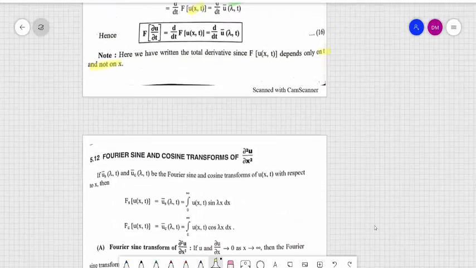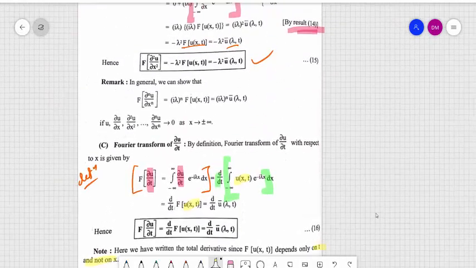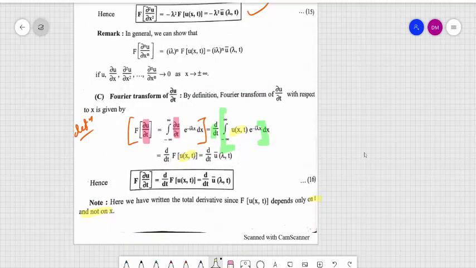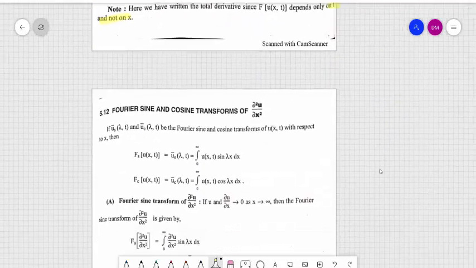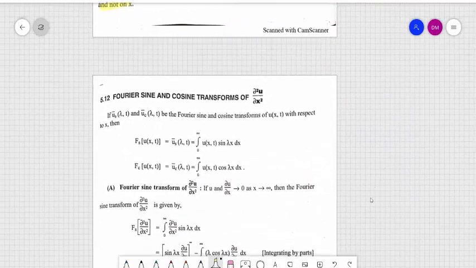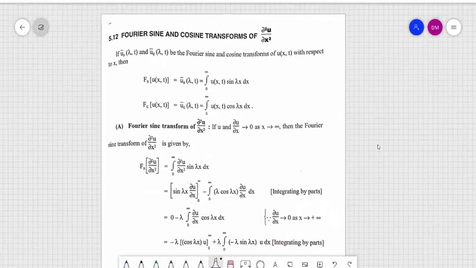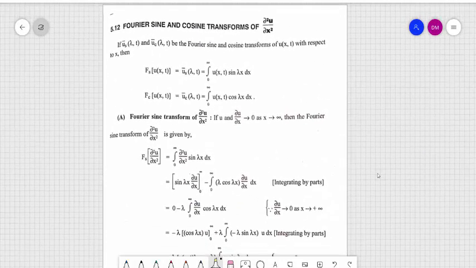Up to now we thought about the general Fourier transform. So what about the Fourier sine transform? What about the Fourier cosine transform? How to find the Fourier sine transform of a derivative? How to find the Fourier cosine transform of a derivative? Actually, here again we need partial derivatives of higher orders.